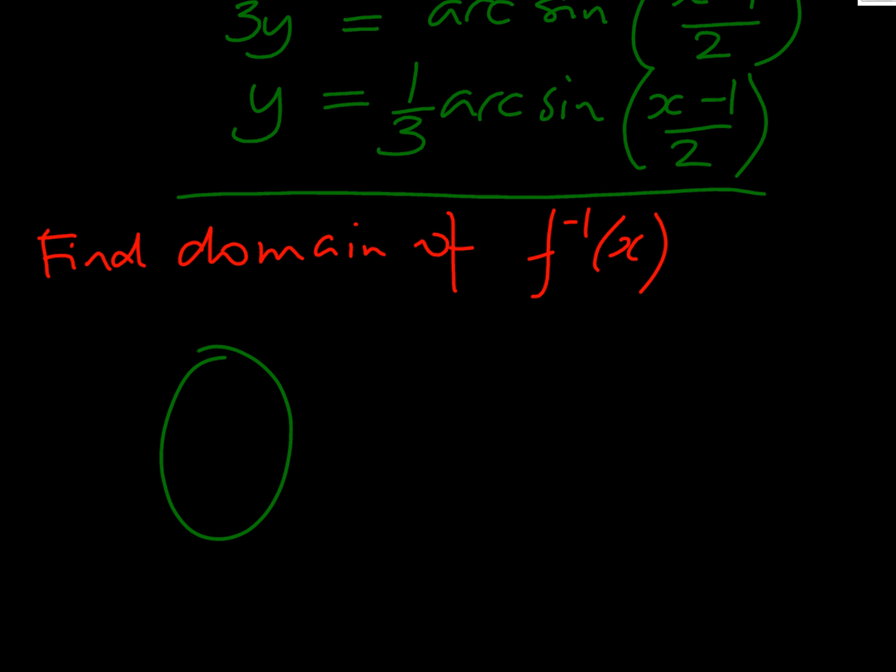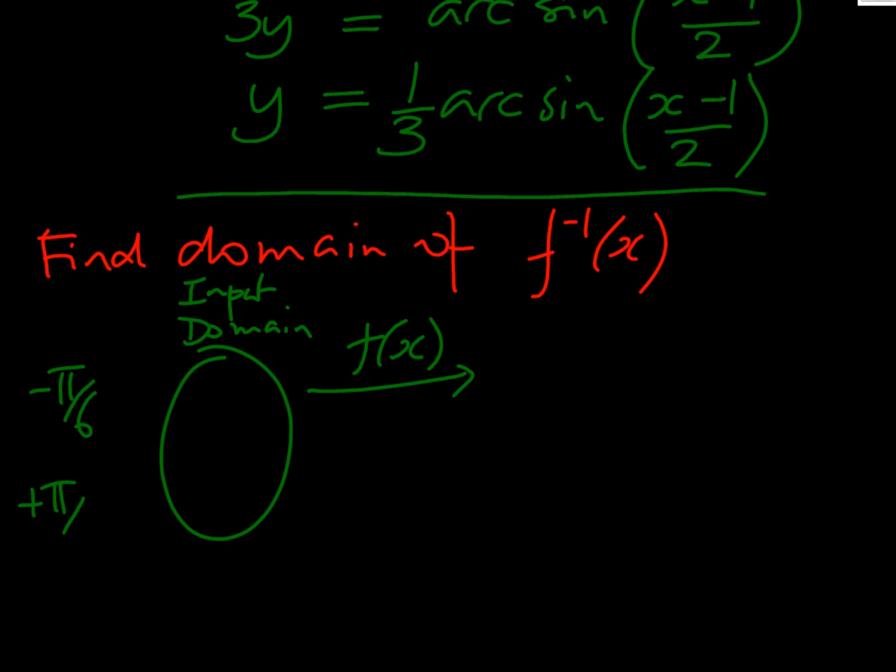We started off with an input domain for our function f of x. The input domain, they told us in the question, was between minus pi over 6 and plus pi over 6. That was the inequality they wrote for us. And that's going to give us our output range.